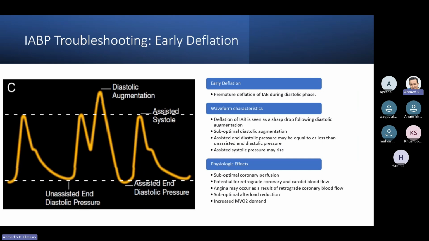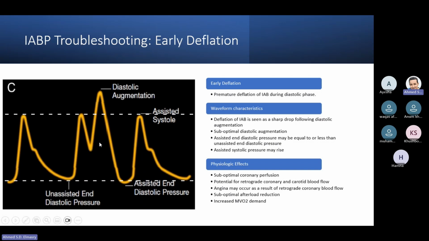Going to the third abnormality, which is the early deflation. What is the meaning of the early deflation? As you know, the intra-aortic balloon should start the inflation during the diastole, and the inflation of the intra-aortic balloon, if it is prolonged, should happen during the diastolic cycle in order to improve the augmentation and also the coronary perfusion.